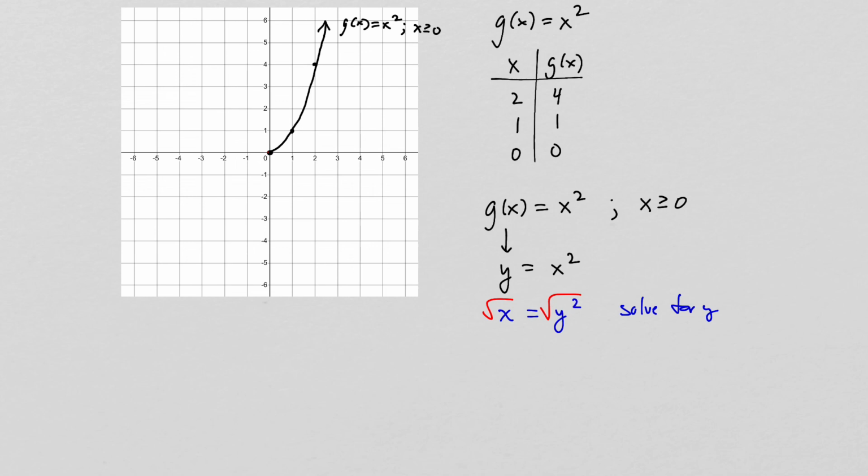Now, when you take the square root of both sides, you get y is equal to plus or minus the square root of x. But remember now, we were told in the beginning that x is greater than or equal to 0. So if x is greater than or equal to 0, when you interchange x and y, it means that y has to be greater than or equal to 0.